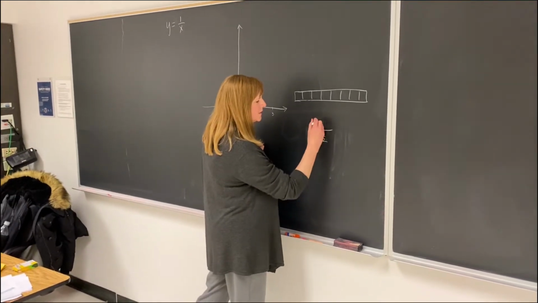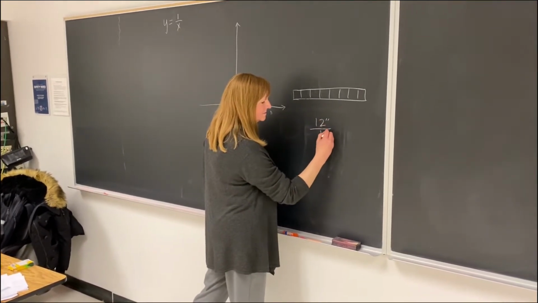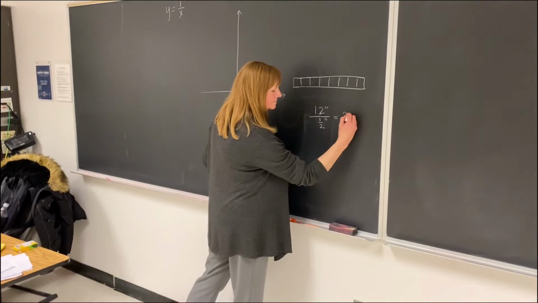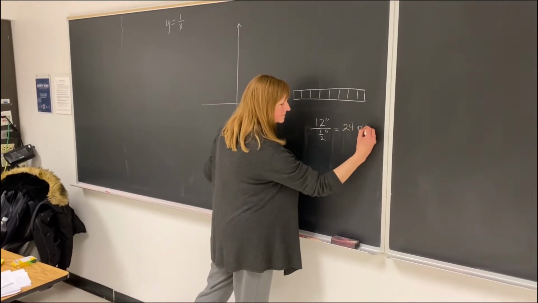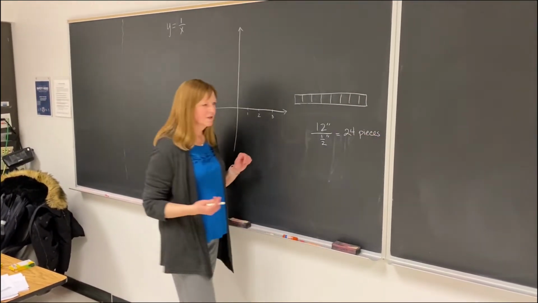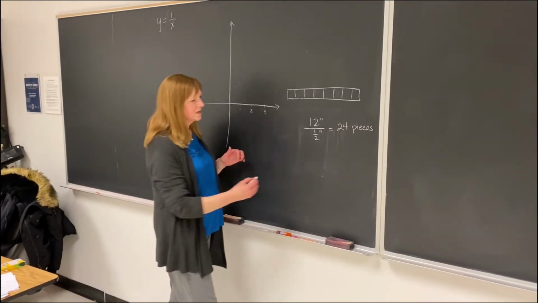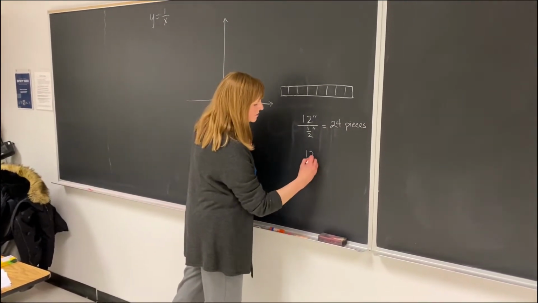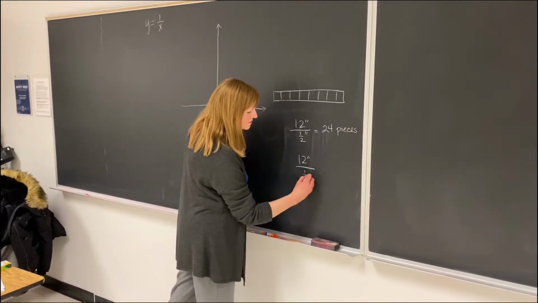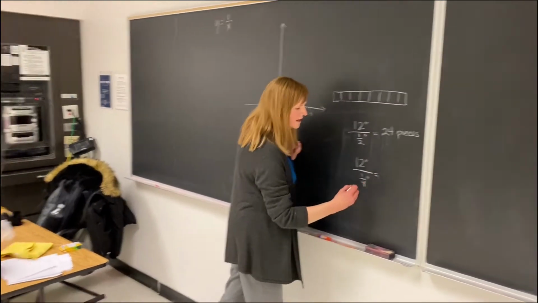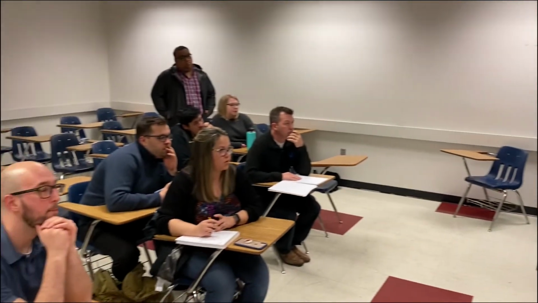So let's put this both in inches. Okay, and if I keep going with that, what if we cut that 12-inch thing into pieces that were 1/4 inch long? How many would I have? 48.